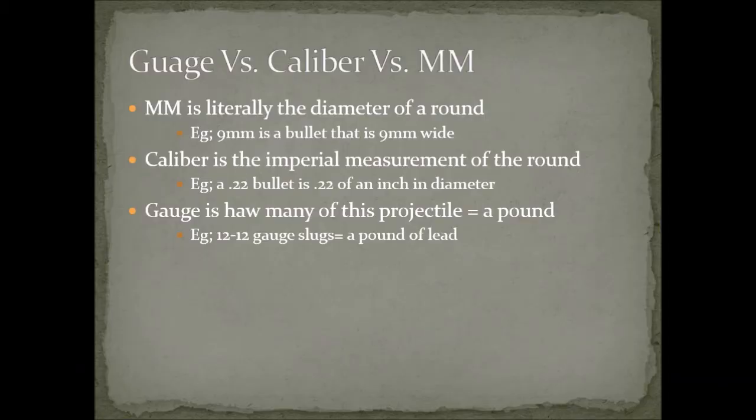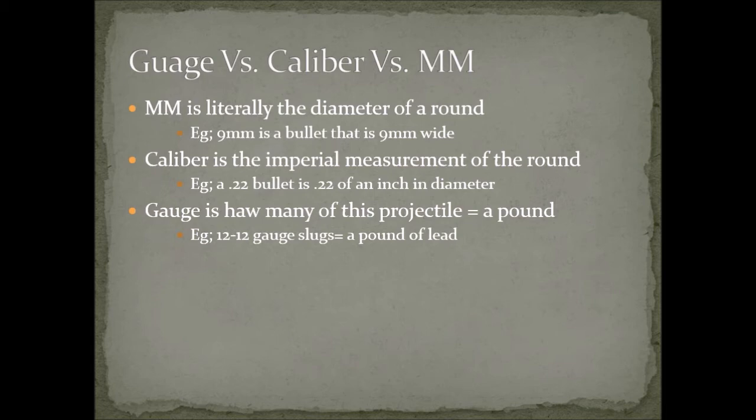Gauge is how many of this projectile equal a pound. So gauge is really old school measurement. Gauge comes all the way back from the early days of firearms, and I'm talking 1700s on up through the 19th century.